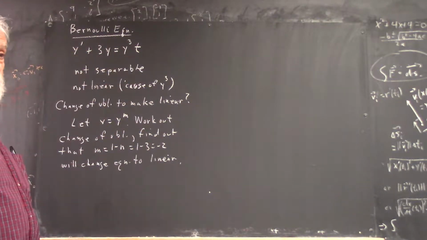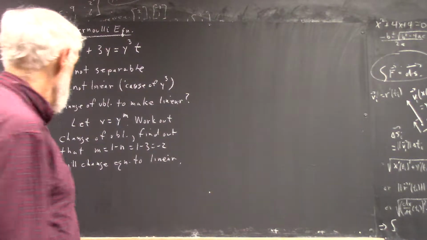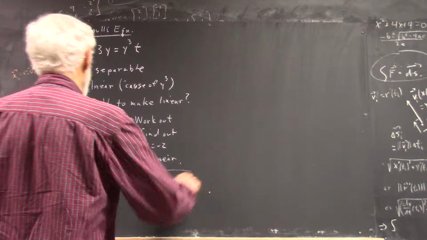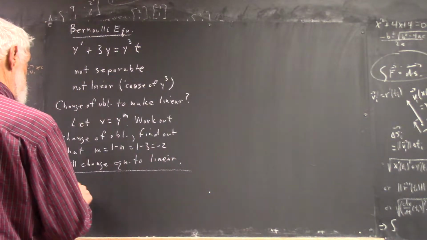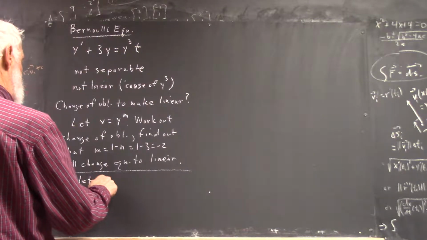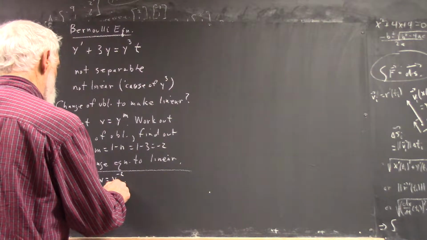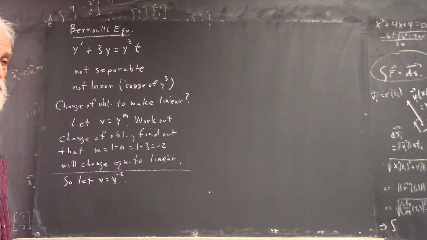We'll make it linear. Well, let's work that out. So, let v equal y to the negative 2.